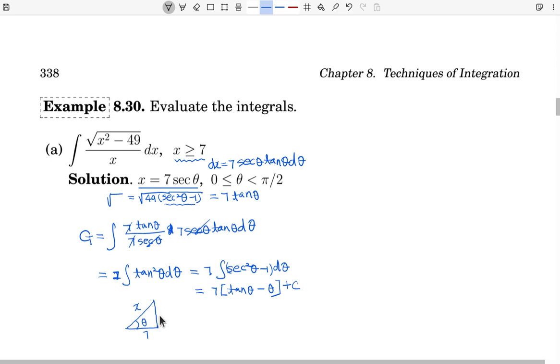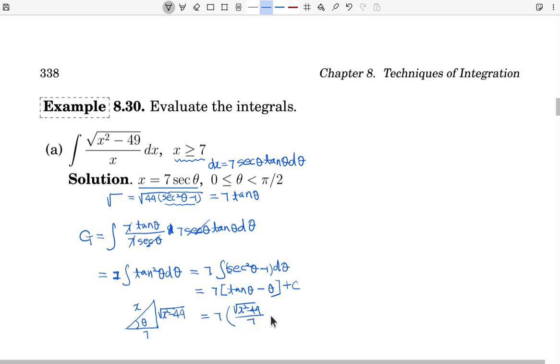So the opposite side is the square root of x squared minus 49. So tangent theta must be the square root of x squared minus 49 over 7, right?